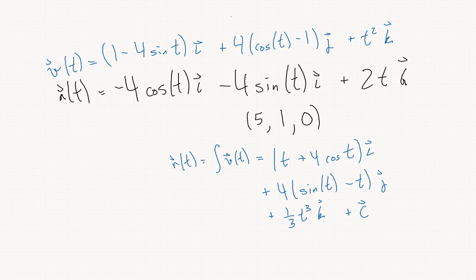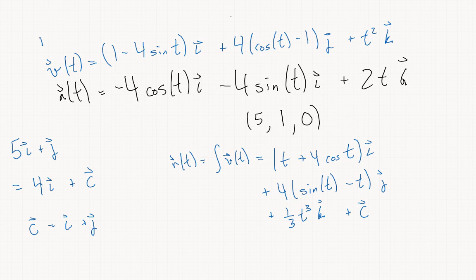So now we'll have 5i plus j equals, at time t equals 0, this will give 4i minus sine of 0, which is 0, t is 0, plus c. So then we get c is equal to i plus j.